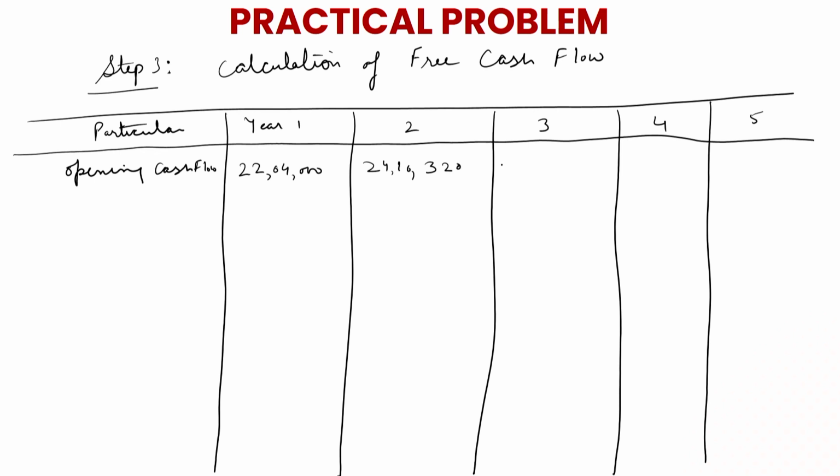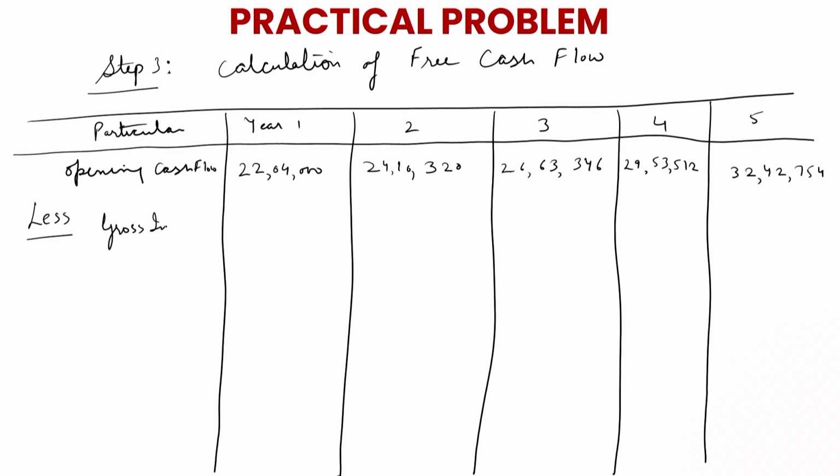Third year, 26 lakh 63,346. 29 lakh 53,512 for the fourth year, and for the fifth year it is 32 lakh 42,754.